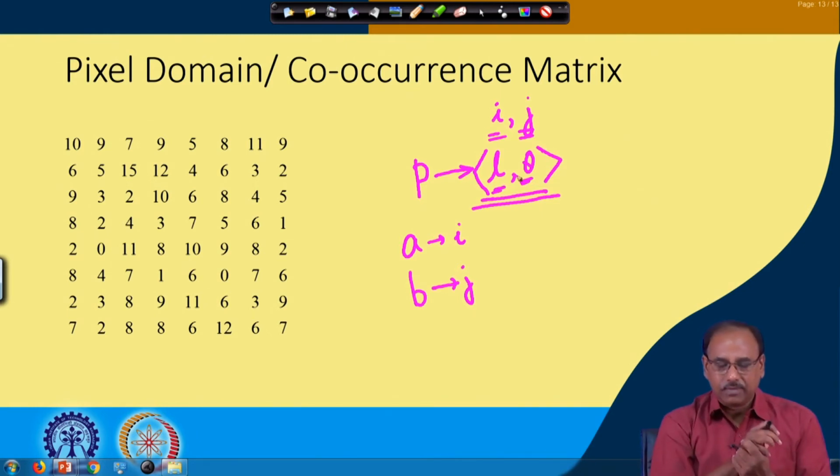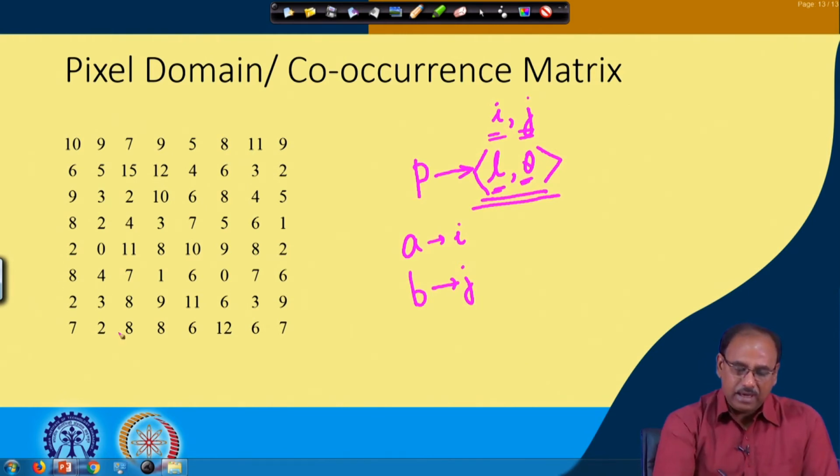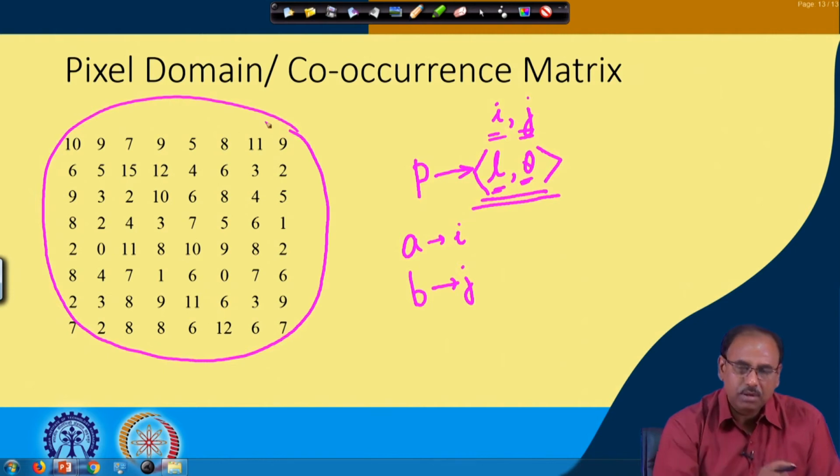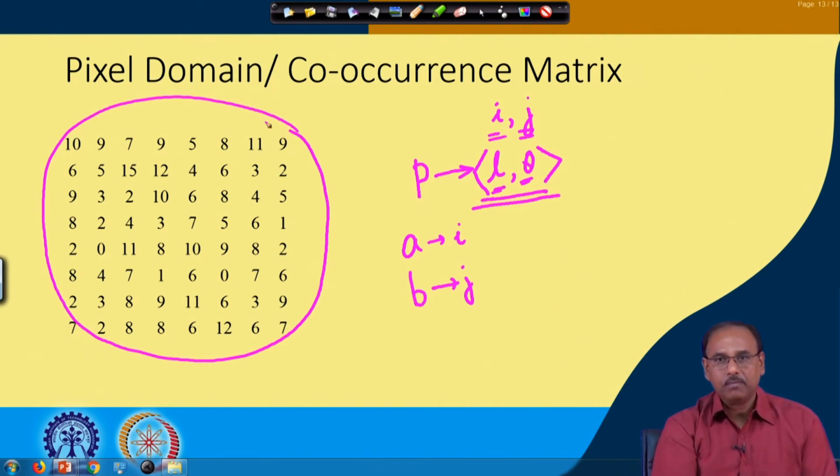So, given this, an image of this form, which I have shown by a very small square matrix having intensity values, in this case from a minimum intensity value of 0 to a maximum intensity value of 15.